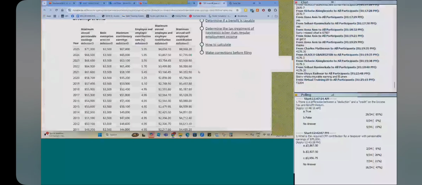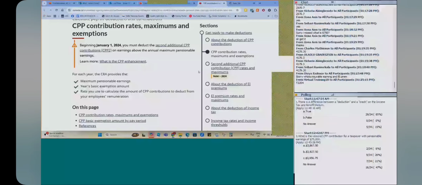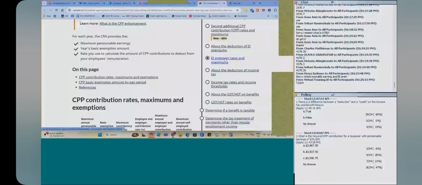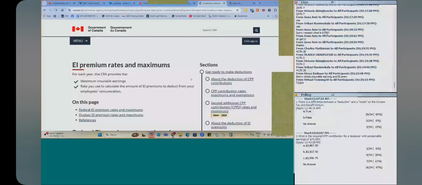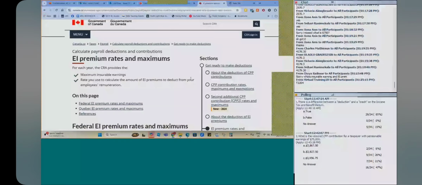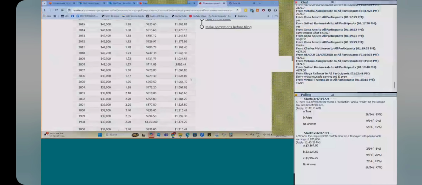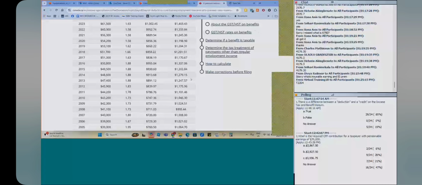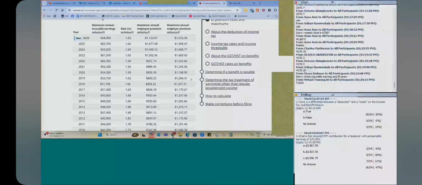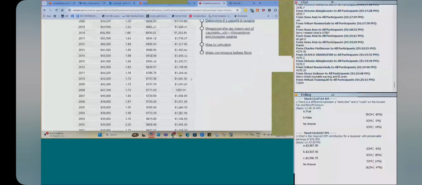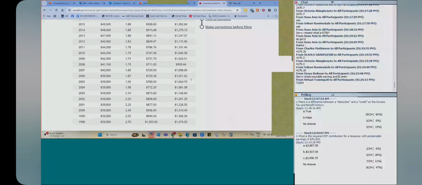Again, if we were to look at the CRA page for CPP contribution rates, we could also look at the historical premium rates for EI, federal and Quebec. And you can see that with EI, the rates fluctuate up and down, broadly speaking, in relation to how much unemployment was a problem in a given year.